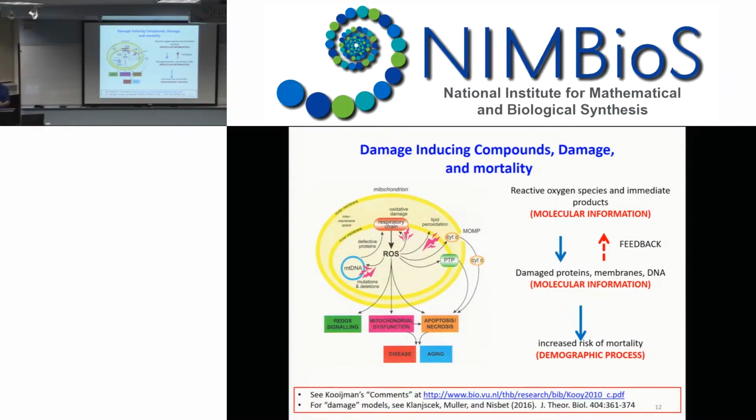There is one representation of this in Bas Kooijman's book. At the risk of advertising my own group, I would point out that Tin Klanjscek, Erik Muller, and I have generalized this, and there's a paper out there that came out just over a year ago. It's relevant for ecotox because, again, oxidative stress is, of course, one important mechanism in the context of the damage that exposure can cause.